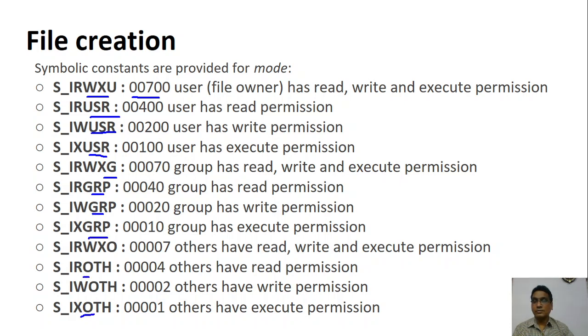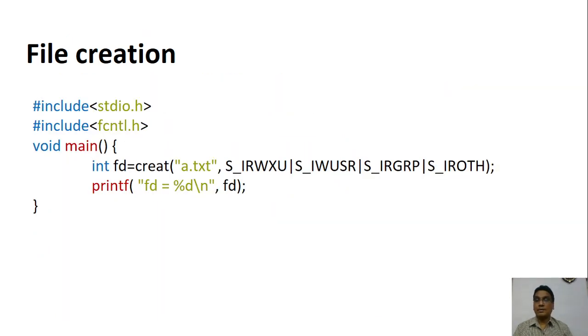So based on the type of permission that we want, we can specify these constants while we create the regular file. Here is a simple code snippet that shows how the files can be created.